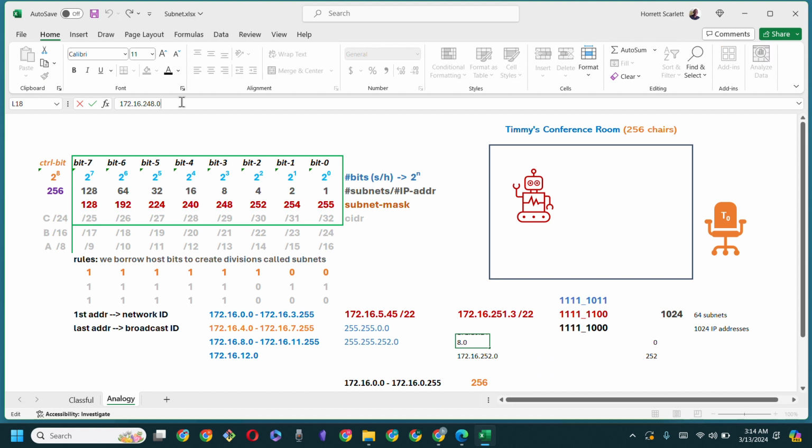So going by what we had done earlier, this is going to be 172.16. And then remember, this thing here is 252.0, so we need one less than that.